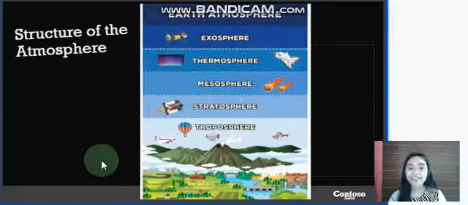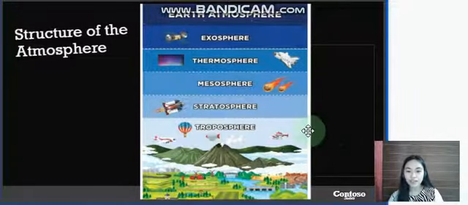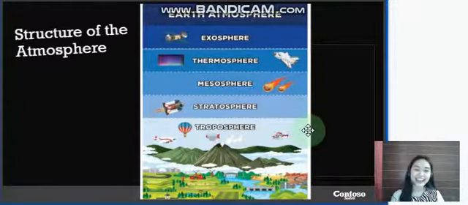So again, the atmosphere is made up of several vertical layers. Beginning from the bottom, it is called the troposphere, the first layer that is near to the surface of the earth. This is most familiar to us because we spend most of our lives in it. Ito yung lagi nating nakakasama, yung sinasabi nating hangin, wind.